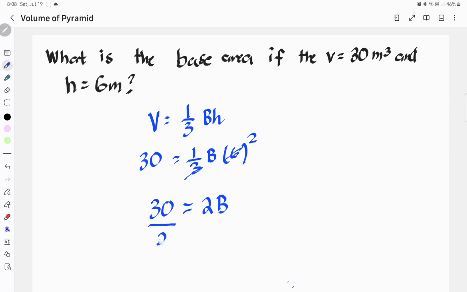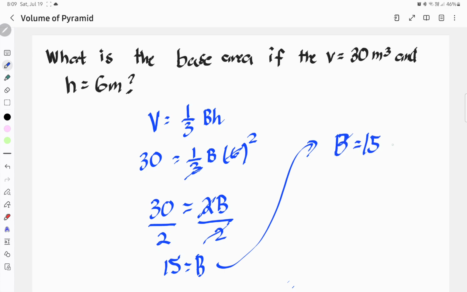Then dividing both sides by 2, we have 15 as our base. So therefore, our final answer is B equals 15 square meters as the base area of the pyramid.